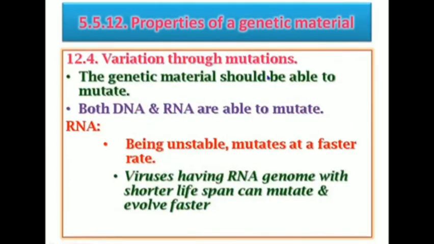Next is variation through mutation. The genetic material should be able to mutate. Both DNA and RNA are able to mutate. RNA, being unstable, mutates at a faster rate. Viruses having an RNA genome with shorter lifespan can mutate and evolve faster.